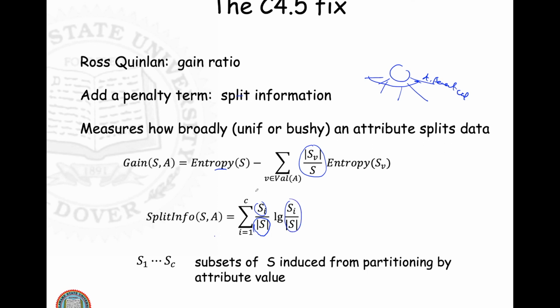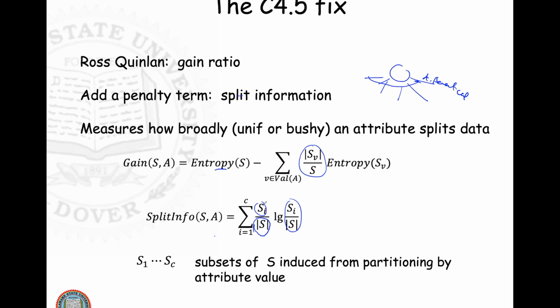So the split information is a measurement of the bushiness. It's sort of the information, or the entropy, in the bushiness, or the number of alternatives you have resulting from splits induced by the number of alternatives you have for a variable's value in the data set.